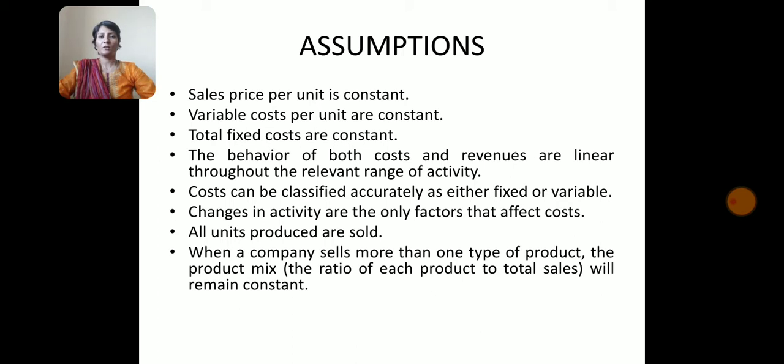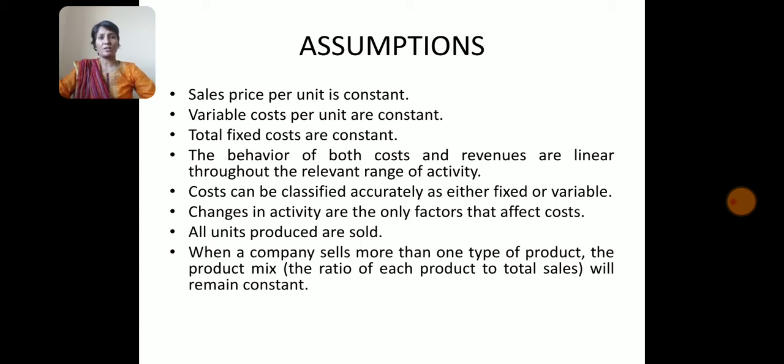The behavior of both costs and revenues is linear throughout the relevant range of activity. Costs can be classified accurately as either fixed or variable. That is, it means that there are no semi-variable costs. The costs are either fixed or variable.